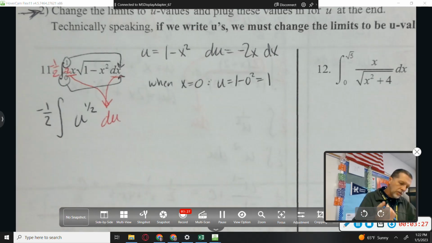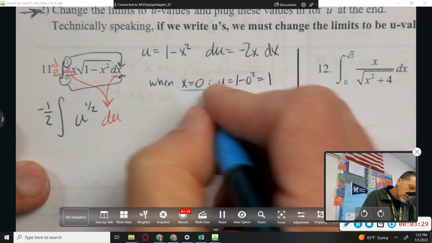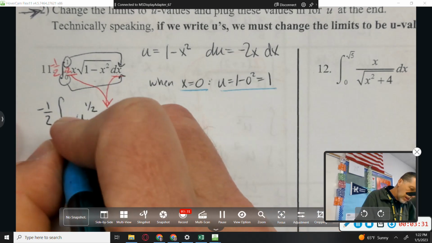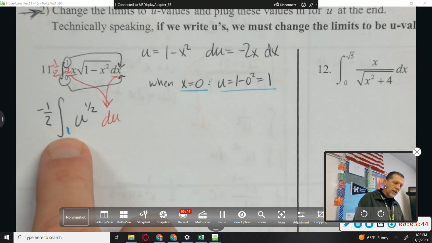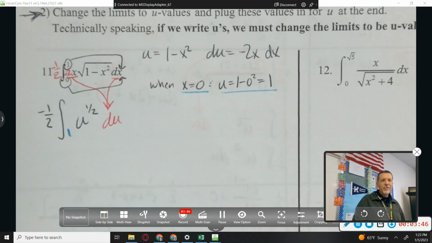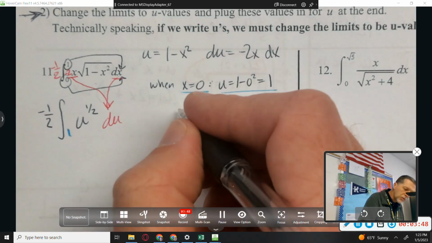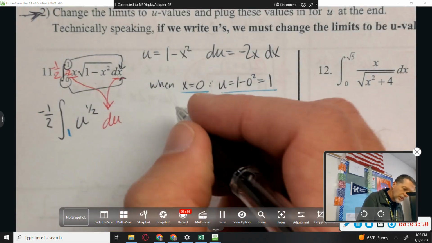So when x equals 0, u equals 1. In place of x equals 0, I'll put u equals 1. In fact, some people will even write u equals 1 there and x equals 0 there. That's a little bit overkill, but it helps them keep straight what's what.